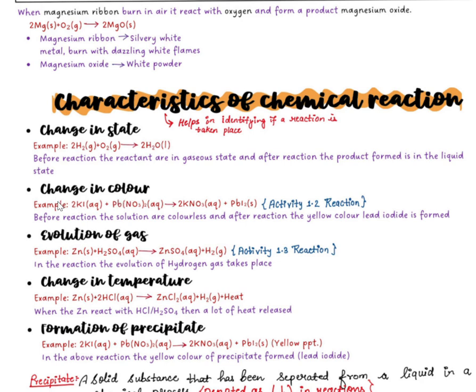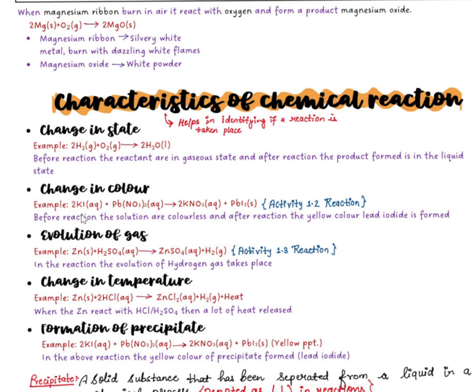Another characteristic is change in color. Take the example of potassium iodide reacting with lead nitrate. The aqueous solution of potassium iodide reacts with the aqueous solution of lead nitrate, and it produces potassium nitrate plus lead iodide.